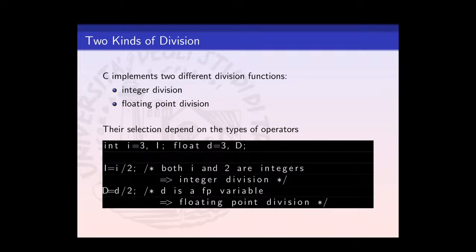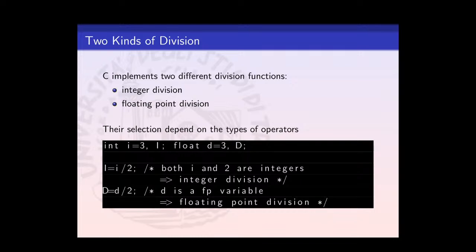But the C programming language selects the most appropriate one according to the types of the operands. So if I perform i divided by 2, I end up with an integer division because both i and 2 are integer values. If instead one of the two operands is a floating point number, the C programming language automatically selects the floating point division.